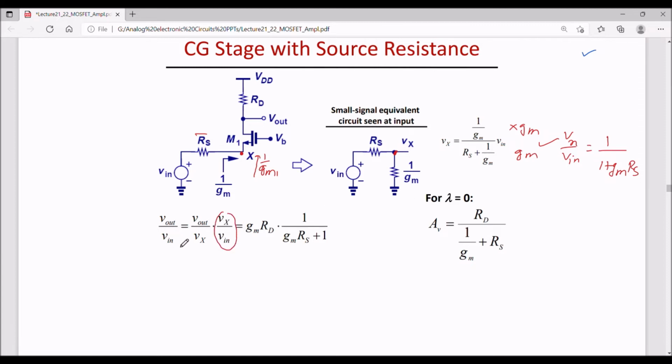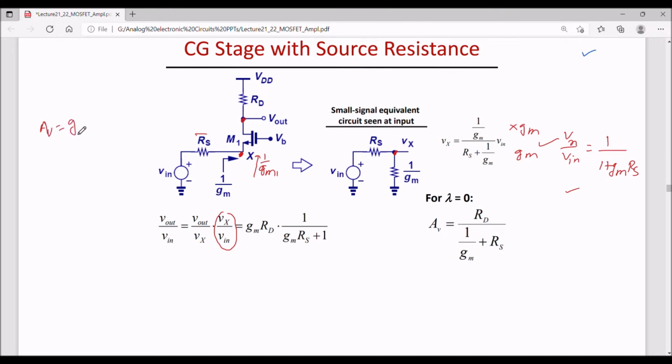I can say Vout by Vin is Vout by Vx multiplied by Vx by Vin. So Vx by Vin is found. Now Vout by Vx, that is Vout here and Vx, can be found. In fact, for a common gate stage with no source resistance, the gain is GmRD.